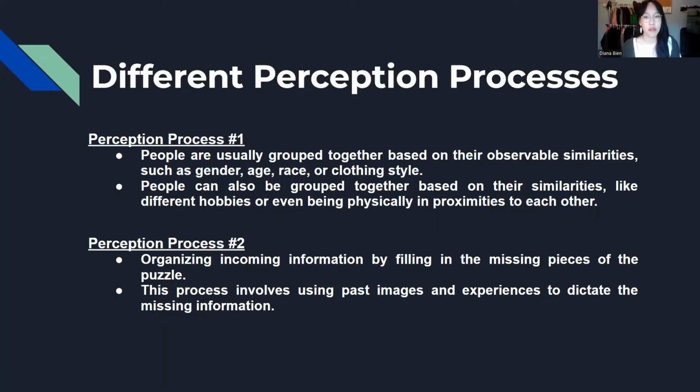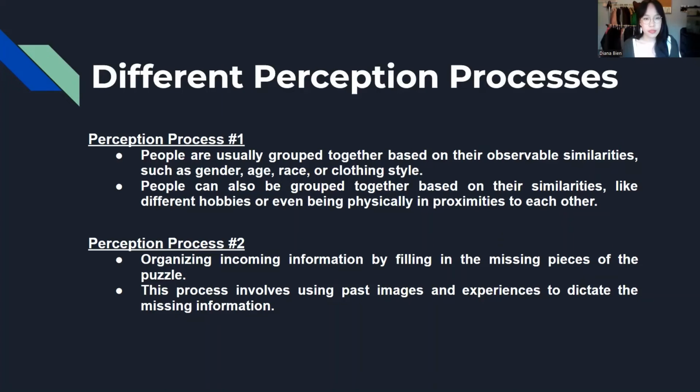People can also be grouped together based on their similarities like different hobbies or even just being physically in proximities to each other. And then the next perception process is just kind of like information that is not about living people. It's proximities and maybe the location or the physical aspect of it.